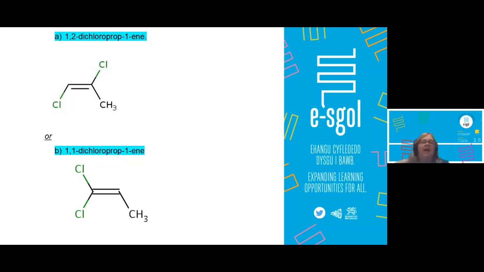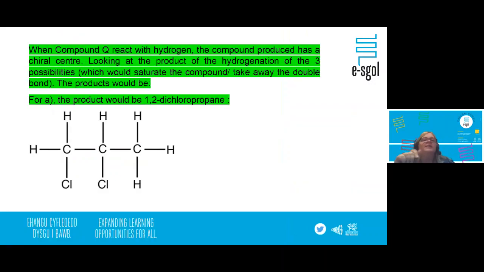So how do we decide which of these 2 possibilities we have? Well, it told you that when compound Q reacts with hydrogen, the compound produced has a chiral center. I'm hoping you all know what a chiral center is: by definition, a central carbon with 4 different things attached to it.